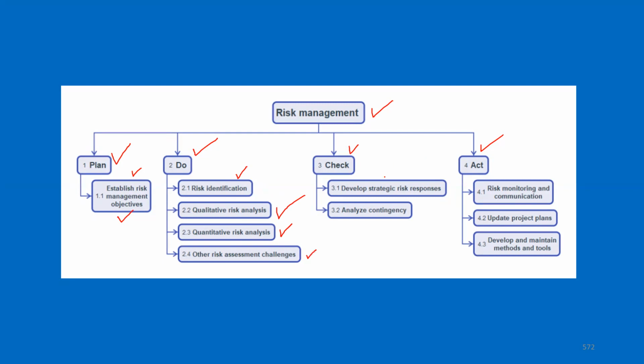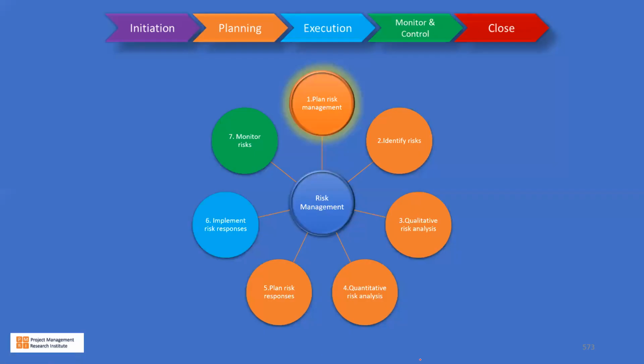Then once the risks are identified, we develop strategic risk responses and analyze contingency, and then act, that is risk monitoring and communication, update the project plans, and develop and maintain methods and tools for risk management. So this is the sequence. Now, we start with plan risk management.